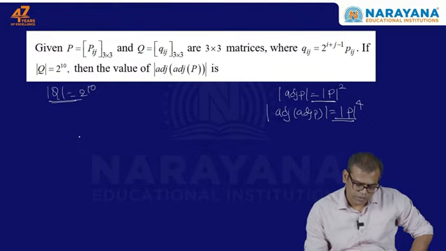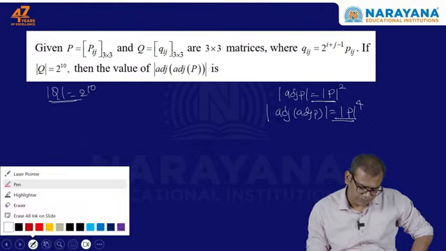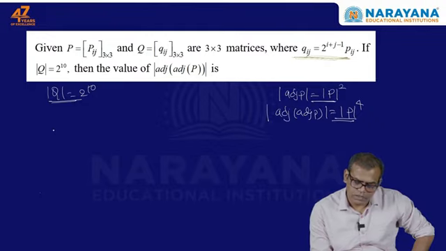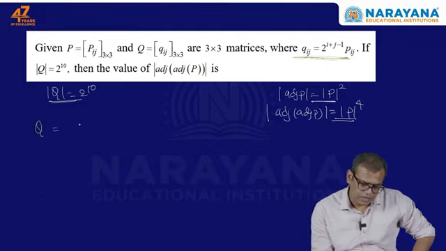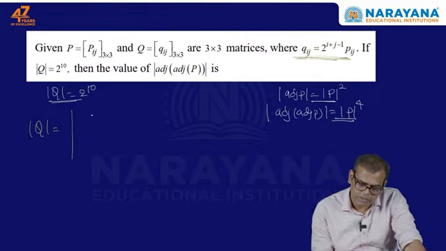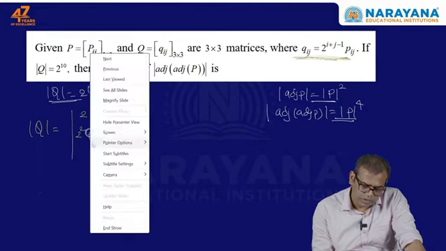And one more piece of information is given here. So write this relation here. Q is a matrix, and we take the determinant of Q. Follow this pattern now. First row first column element, 2 into the first row first column element, 2 square, and so on.